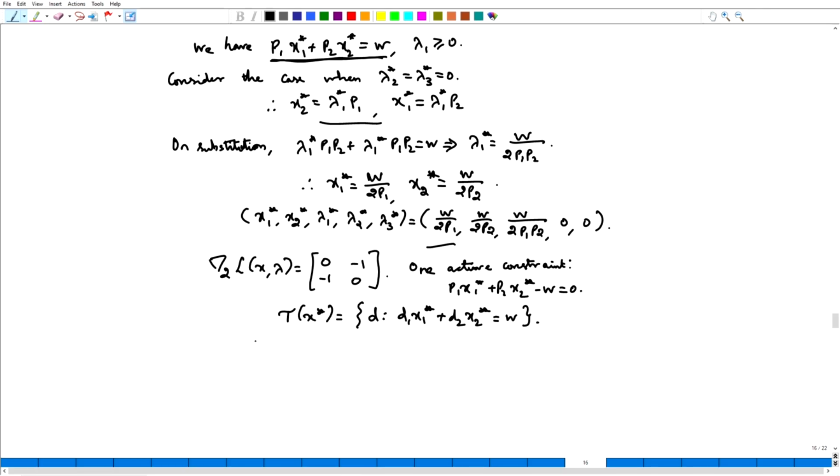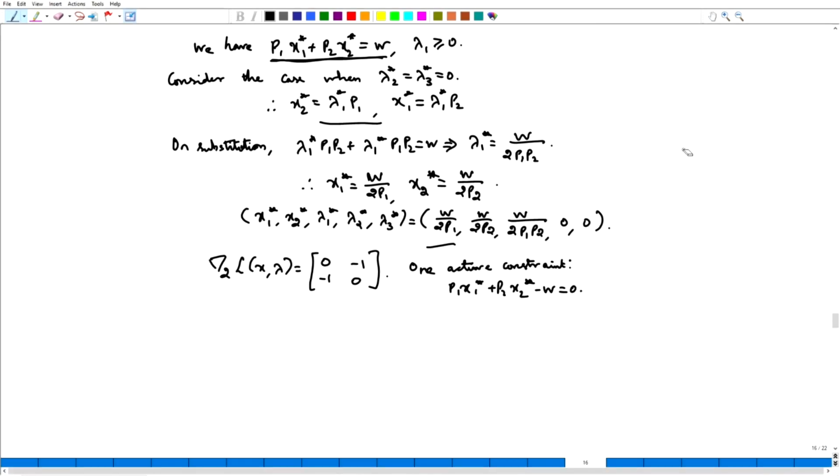So, let us see if d transpose del 2 L of x lambda into d is actually minus 2 d1 d2. Now we need to find the tangent space. Recall that the tangent space at x star is d such that d transpose del g i of x star equal to 0.